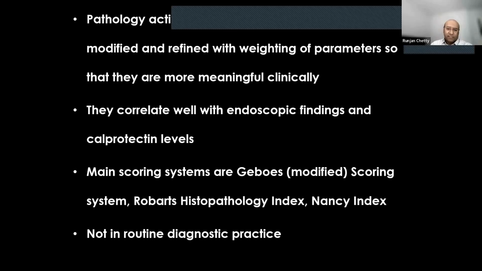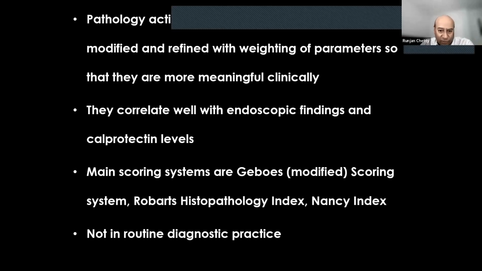The three main scoring systems, and there are several as I've mentioned, that are used in clinical trials are the Geboes scoring system, which has been modified and simplified a little; the Robarts histopathology index, which involves quite a bit of calculation and some higher mathematics; and the Nancy index, which is the simplest because it just assesses three parameters and scores three: acute inflammation, chronic inflammation, and ulceration, and then you provide a score on that basis.